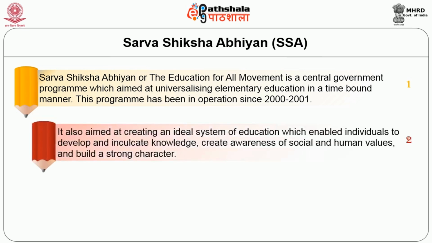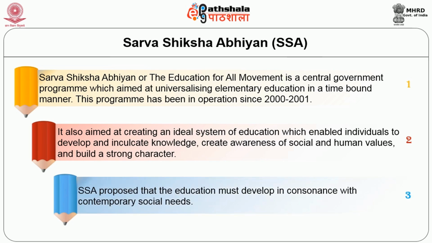Sarva Shiksha Abhiyan aimed at creating an ideal system of education which enabled individuals to develop and inculcate knowledge, create awareness of social and human values, and build a strong character. This system proposed that education must develop in consensus with contemporary social needs.